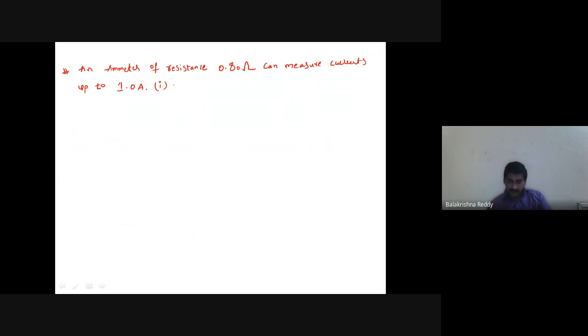First one: what is the shunt resistance to enable the ammeter to measure current up to 5 amperes?